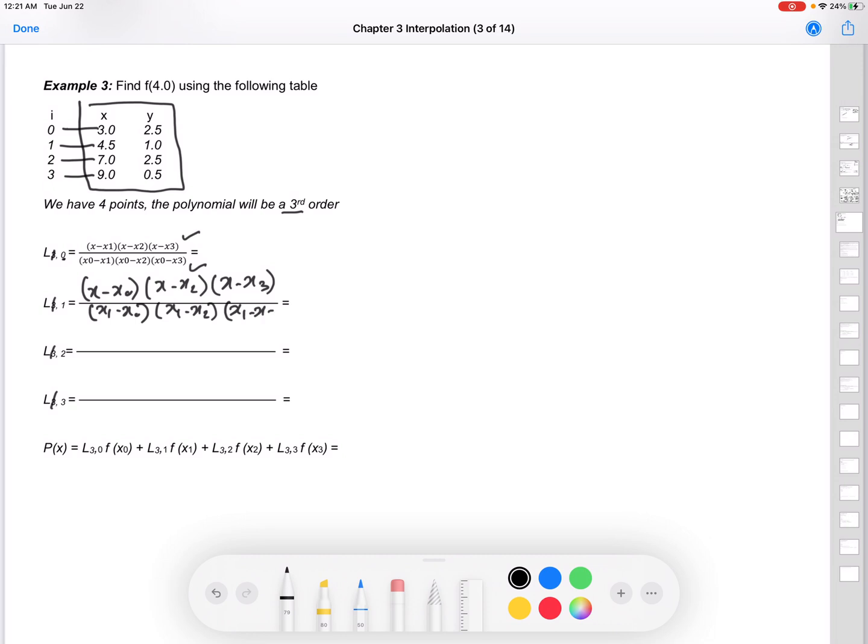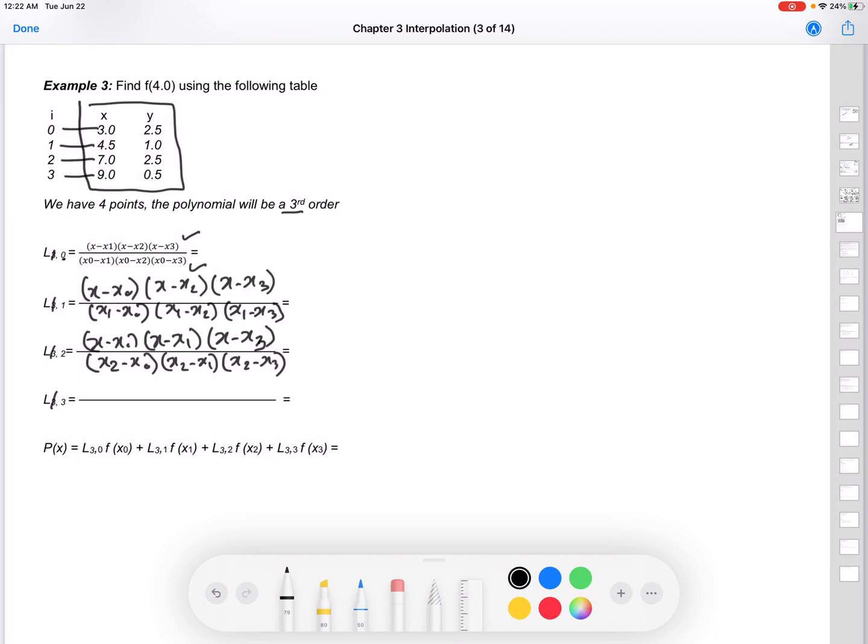x1 minus x3. When I am calculating L2, x2 is not in the top, so x minus x0, x minus x1, x minus x3, and the bottom is x2 minus x0, x2 minus x1, x2 minus x3.